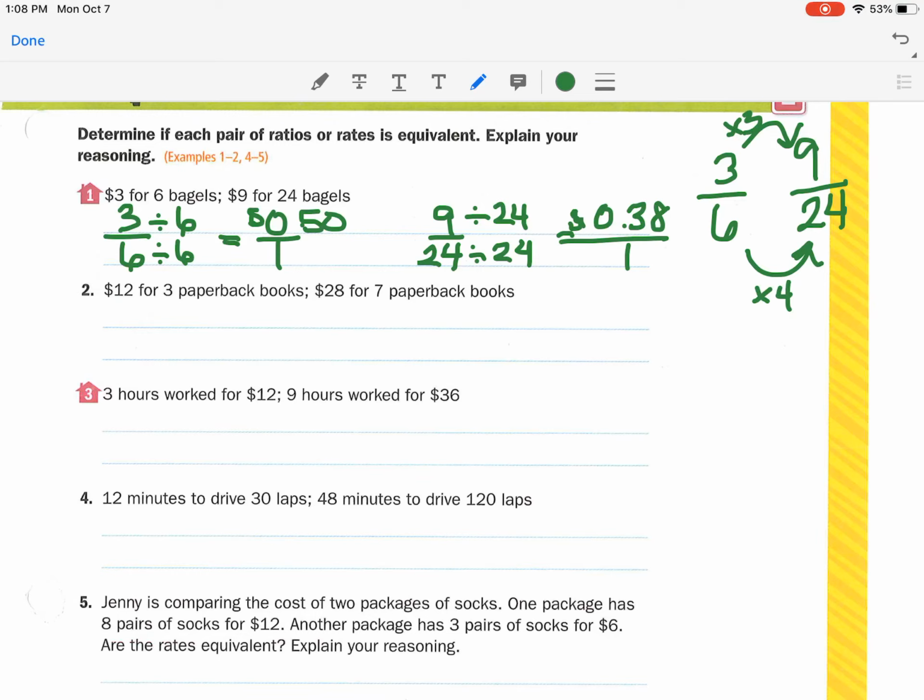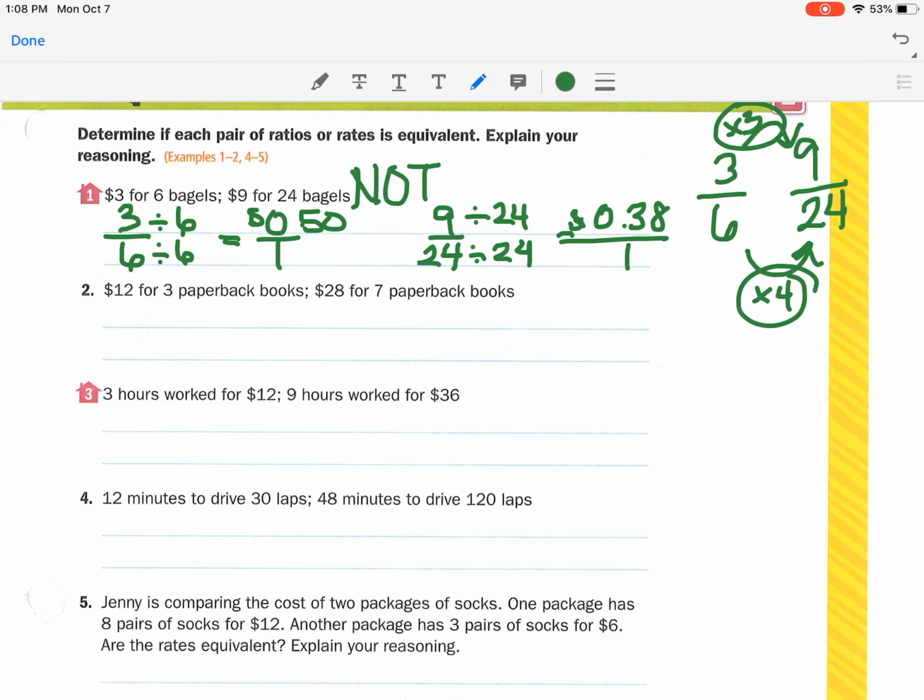But 6 times 4 equals 24. So they are not going to be equivalent based on the fact that I had to multiply by two different numbers. Because I had to multiply by two different numbers, these are not equivalent. Okay? So I showed it to you as the unit rate, and I showed it to you as equivalent fractions.